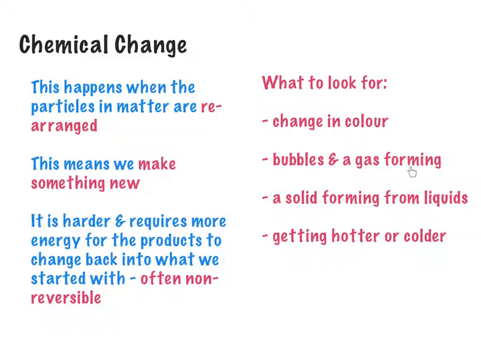Sometimes we get bubbles, and if we get bubbles, we know that a gas is being made. So the gas is part of what's going on, and sometimes the chemical releases heat energy or absorbs heat energy. If it releases heat energy, we feel it as it's getting hotter. If it absorbs heat energy, it feels like it's getting colder.